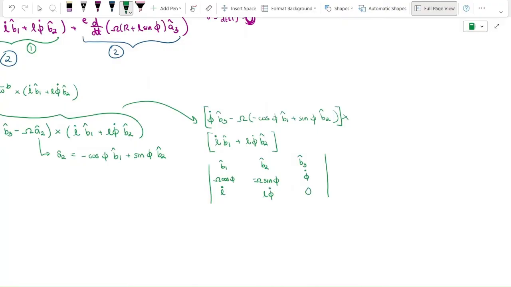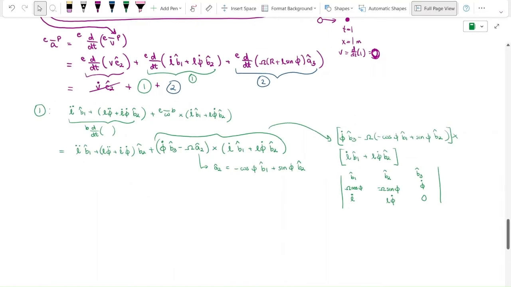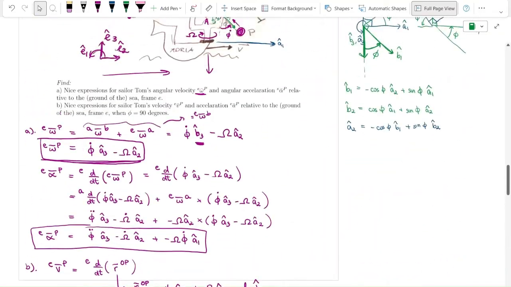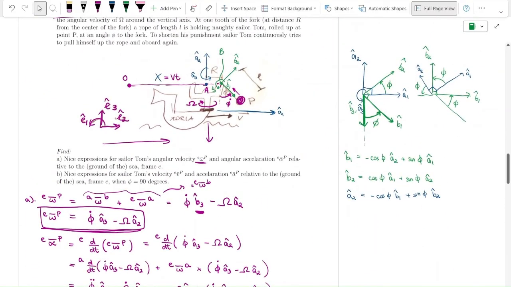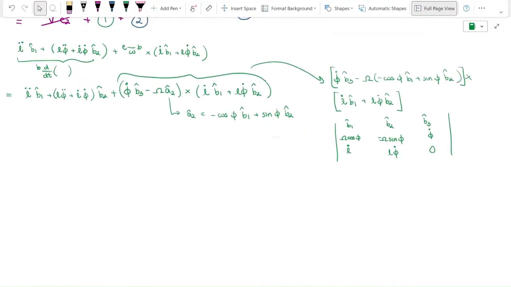Now I'm going to make a simplification because it makes the problem much easier. We're not taking the derivative after this anymore, so it's okay if we plug in phi equals 90 degrees, because we don't take a derivative of anything in this expression, so it's okay to plug in the value at that instant.